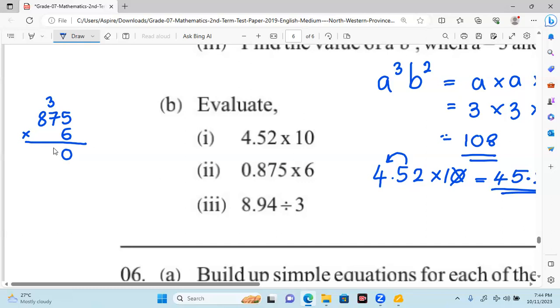Plus 3, it's 45. 4. 6 into 8, it is 48 plus 4, it is 52. Now here it is a 4-digit number. Now in the question, there are 3 decimal places. So in the answer also, there should be 3 decimal places. So you have to separate the 3 decimal places and write the answer. Okay.